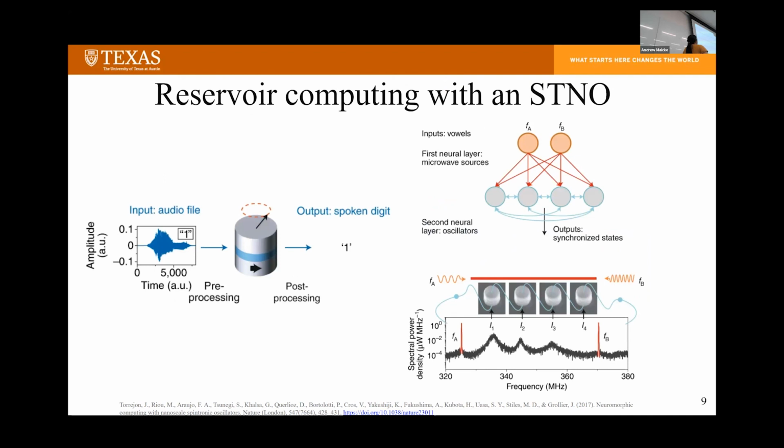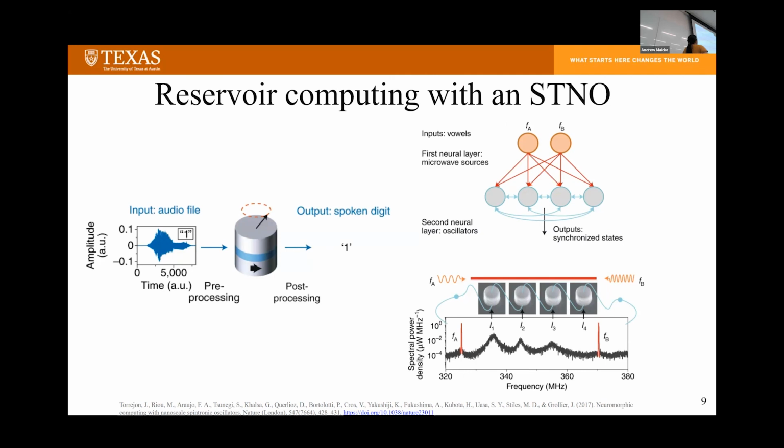In prior years, it was mainly through simulations that researchers were able to prove how well reservoir computing works, or how well magnetic elements can be used in reservoirs for neuromorphic computing. But recently, they were able to create hardware-based or experimental architectures.